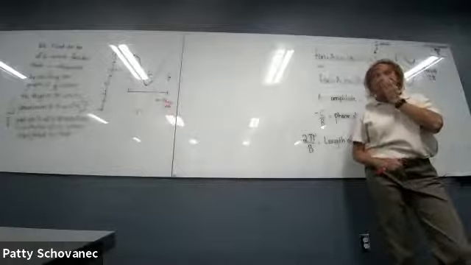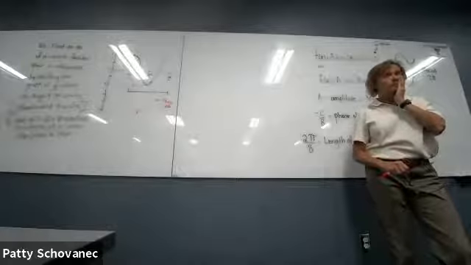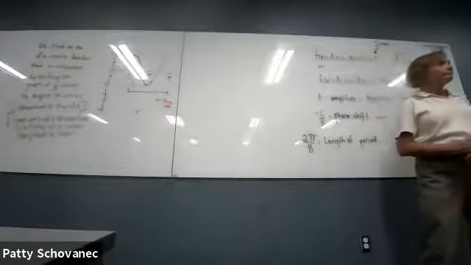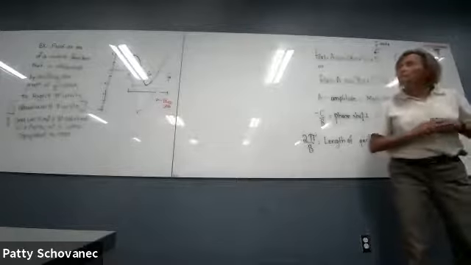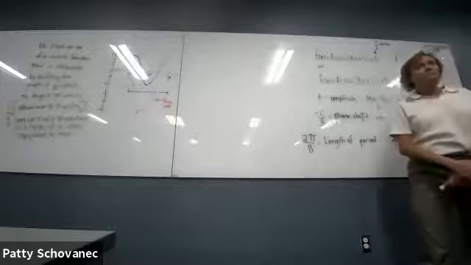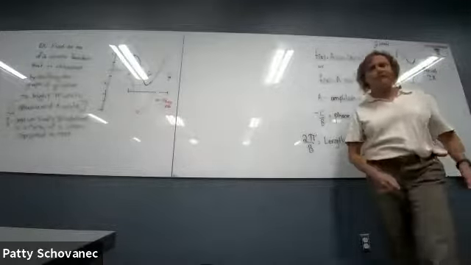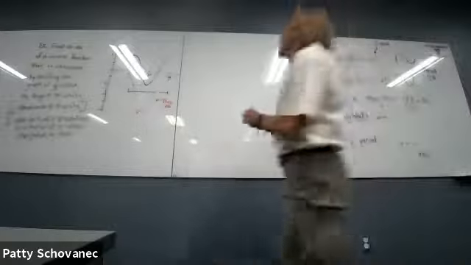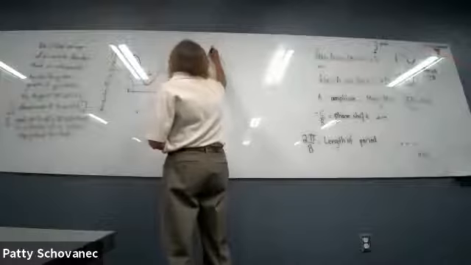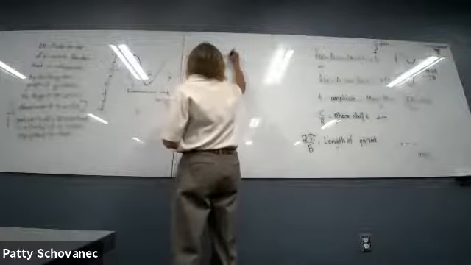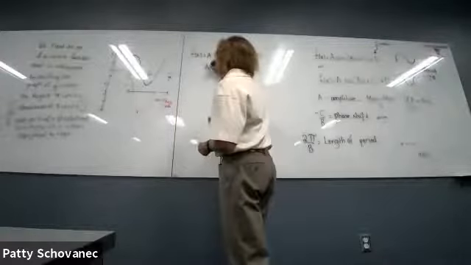But I drew the first one so you could tell me what A is. What are you going to use for A? 2. I'm using a cosine. So A is 2.